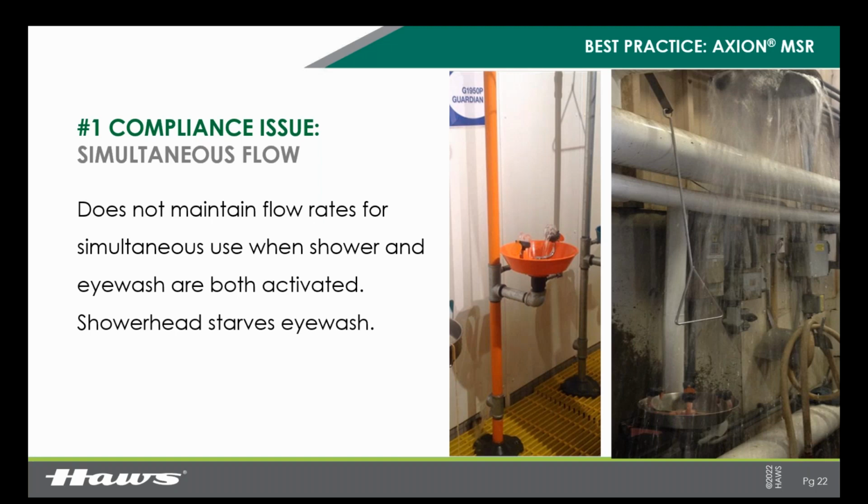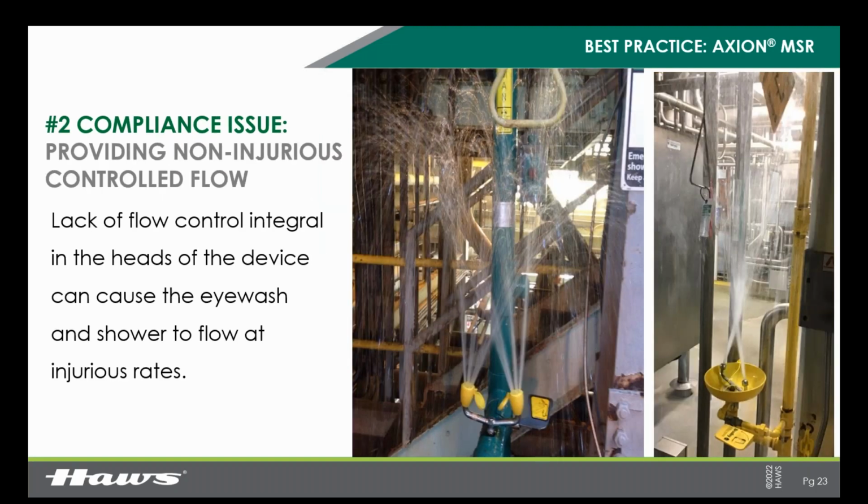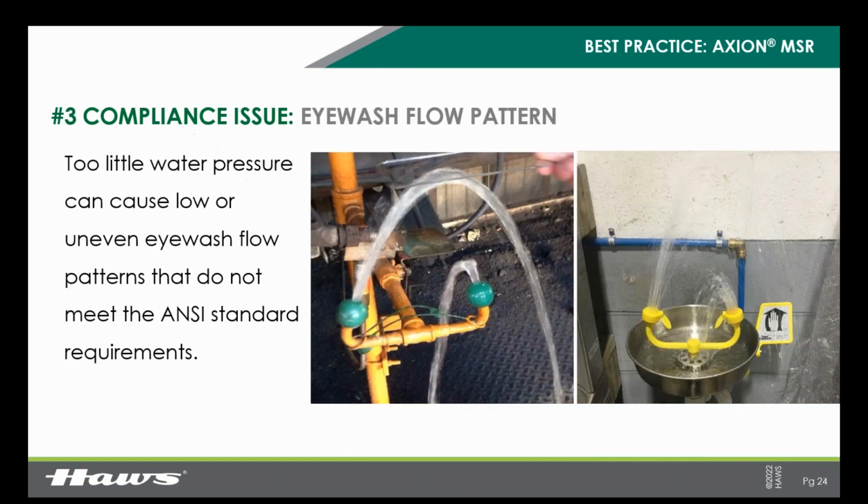This is easy to retrofit with the Axion. We would use an AX14 in that case. And then you have the injurious flow. There's nothing dialing back this pressure from the eye wash or eye face wash. It's way too injurious. There's no way anybody could put their eyes in this for 15 minutes. AX13 would fix this particular situation.